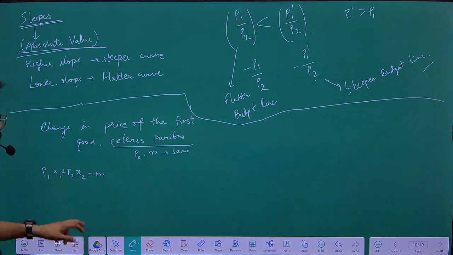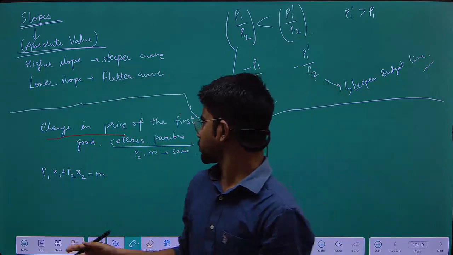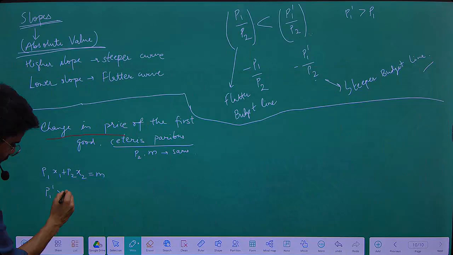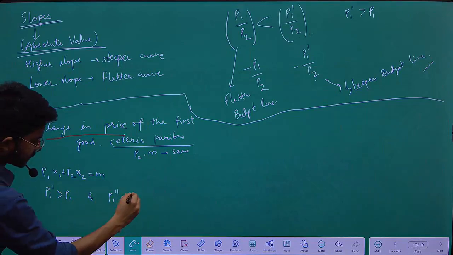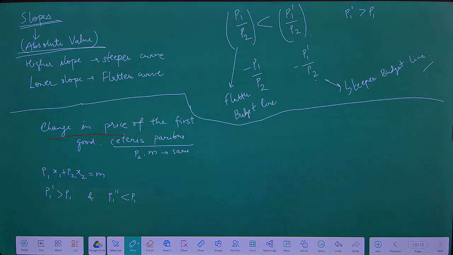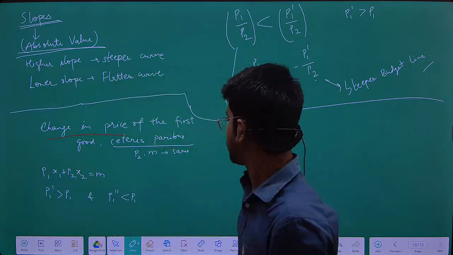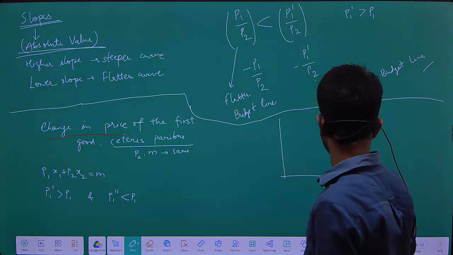Okay. Now suppose the change in price of the first good can be in two cases. So that can be when you have P1 dash greater than P1 and you have P1 double dash less than P1. Okay, these are the two cases. Either the price will increase or the price will fall. That is the case. Now you had the budget line like this.